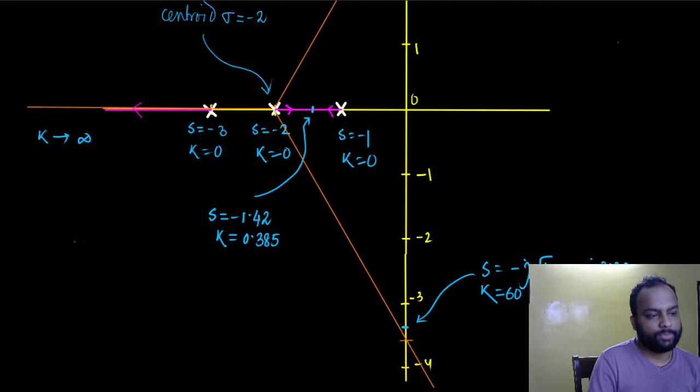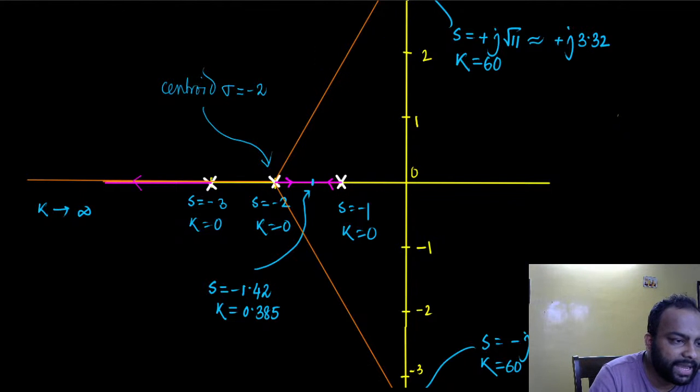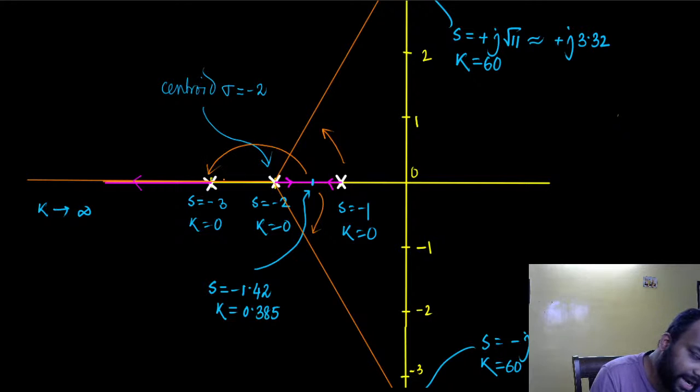All right, so this is one of the asymptotes. These are the three asymptotes. Look very carefully. This asymptote is making an angle of 60 degrees. This is making an angle of minus 60 degrees, which is 300 degrees if you look in the counterclockwise direction. And this asymptote, again originating from this, is 180 degrees.